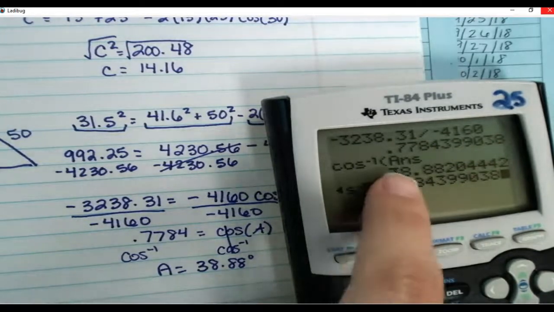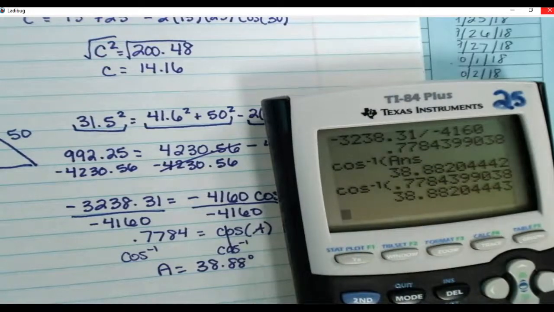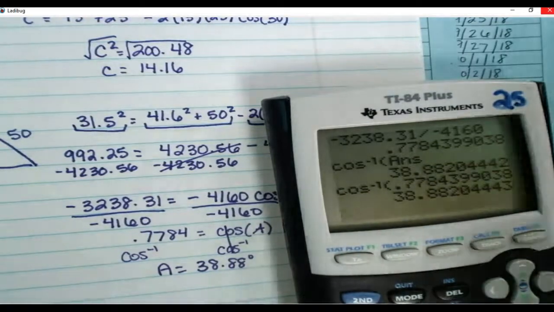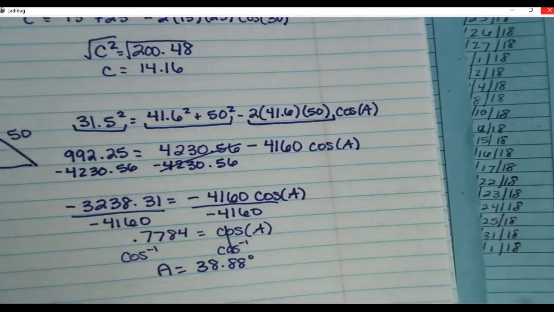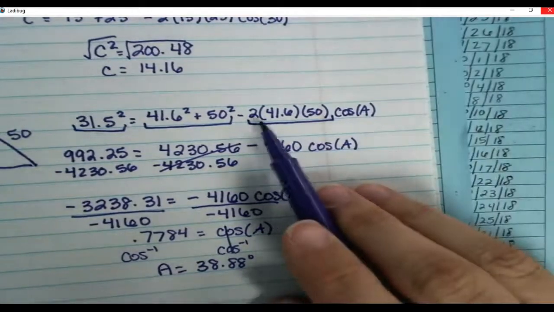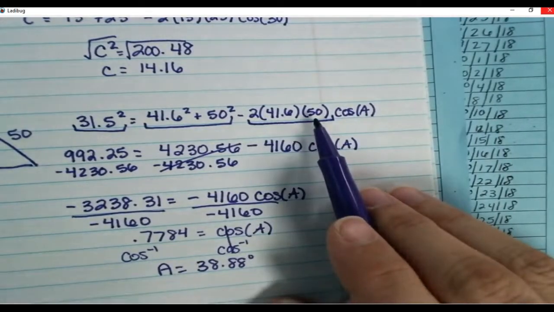So either way, whether you do it with the answer or that way, you get the same answer. Two times 41.6 times 50.